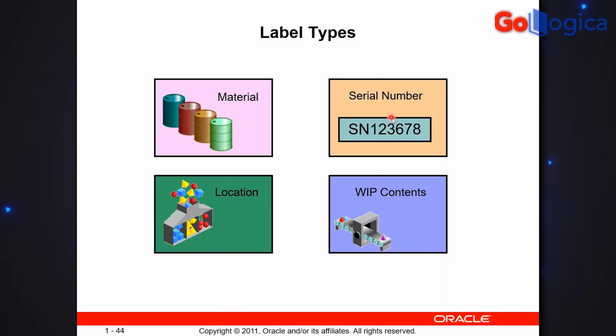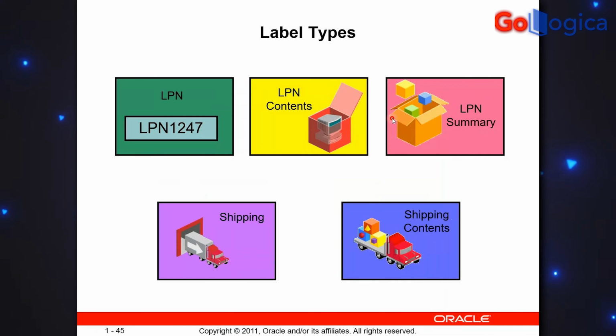Similarly, in serial label type you will have fields specific to serial number. Likewise, you have LPN contents, LPN summary, shipping contents. Based on your business needs, you can check which label type you want to use, and that can be configured against a business flow.